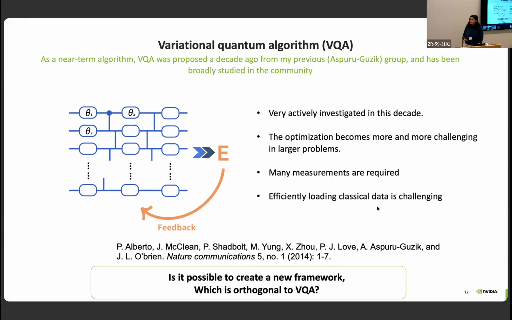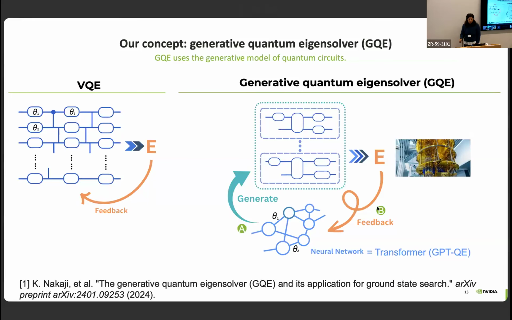So is there something that we can design that has similar parameterization, but can converge a little bit better? That was the whole idea with GQE, and the workflow compared to VQE looks something like this. Now the parameterization has been entirely pushed to the classical side, right?